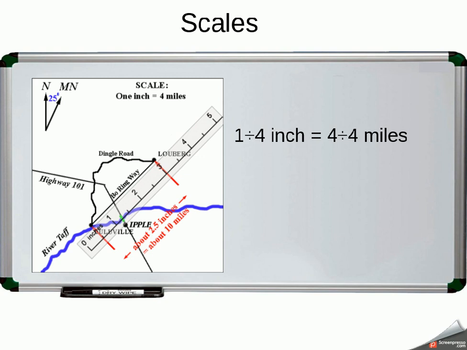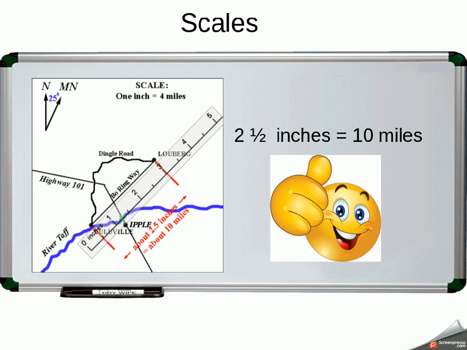So if I divide both sides by 4, like I mentioned before, that tells me a quarter of an inch is 1 mile, because 1 divided by 4 is a quarter. And now I've got a nice scale that I can multiply up to get the value that I need. So in this case it was 10 miles. I multiply both sides by 10, and lo and behold, I've now got that 2.5 inches is 10 miles.